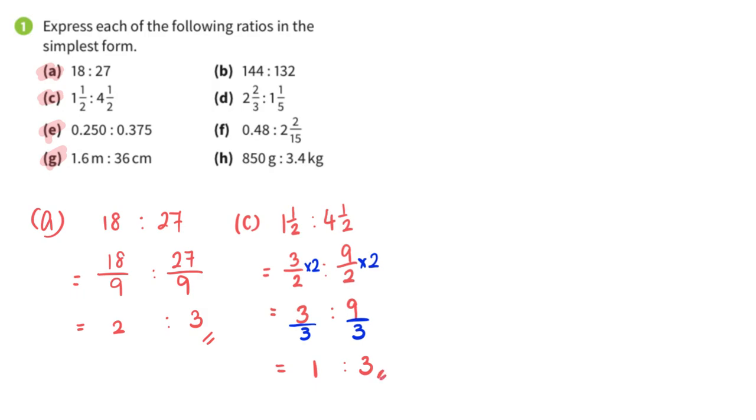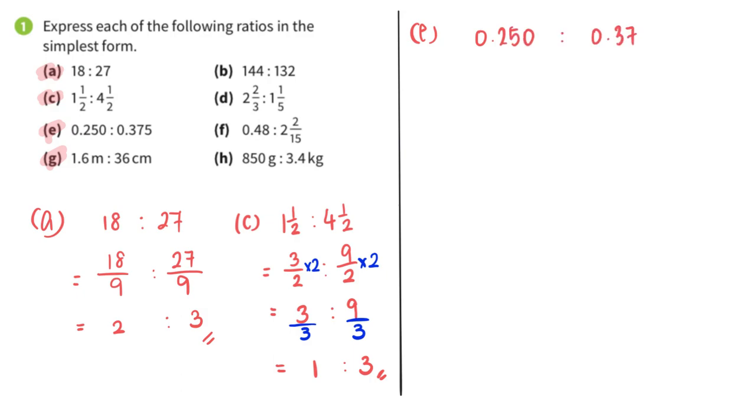Alright. Now, let me just make sure that I've got space for the last two that I'm going to go through here. So for part E, where we have a decimal, 0.250 is to 0.375.